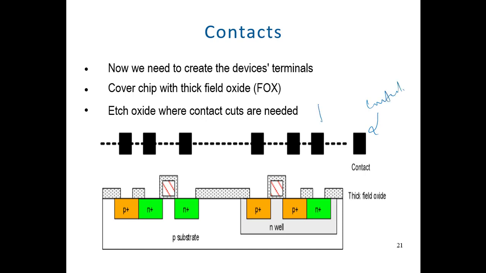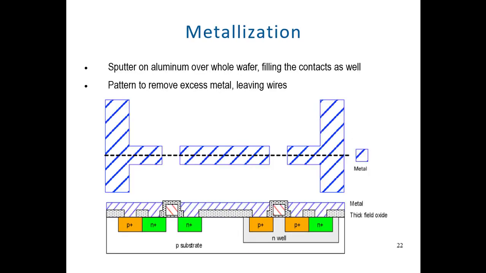So you have the mask, you pass the ultraviolet light, and you develop these different contacts. The contacts, I told you, are there to form the physical connections. If you want to short two types of regions, you have to use the metal contacts. If you want to short your source to, for example, VDD or to ground, you need these contacts.